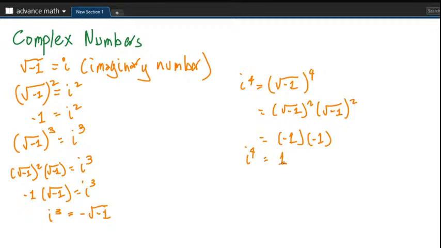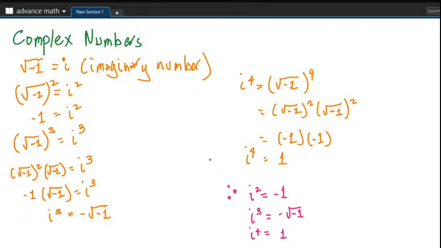Using this, we have our generalization here. i squared is equal to -1, i raised to the power of 3 is equal to negative square root of -1, and i raised to the power of 4 is equal to 1.